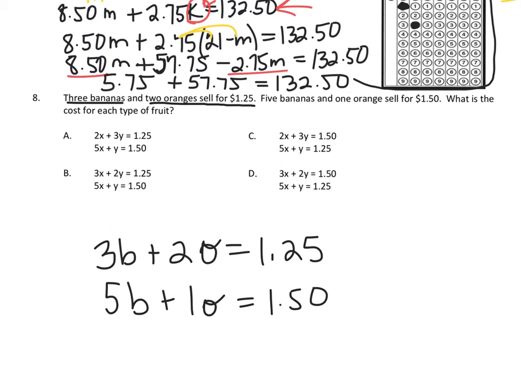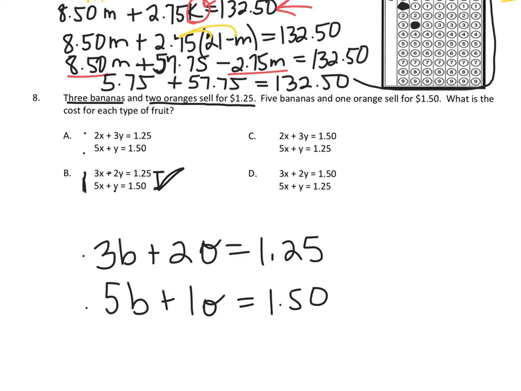All right, so we don't know if they used X for bananas or Y for bananas, so we have to look at each one. The 3 and the 5 have to have the same variable. So here I have a 3 and a 5, and then the 2 and the 1, and the 1.50 and 1.25 and the 1.50. So that one looks right.